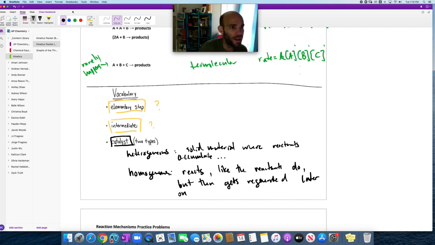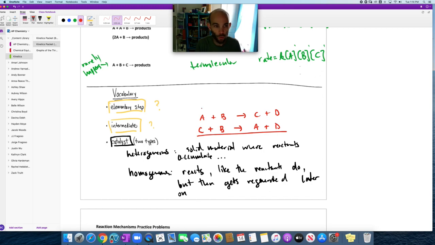And it's sort of like, it looks like an intermediate. Let me give you 2 examples of these and then we'll be done for real. An intermediate would be like if you have A plus B yields C and D, and then C plus B yields A and D. Maybe that's the mechanism.